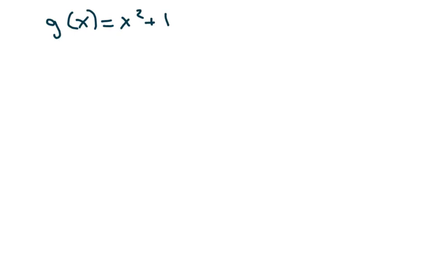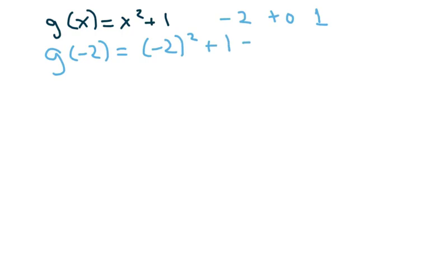So I'm going to use the same equation, and I want to find the average rate of change from -2 to 1. So the first thing I want to find is g of -2, which is -2 squared plus 1, which is 5. And I need to find g of 1. So that's going to be 1 squared plus 1, which equals 2.